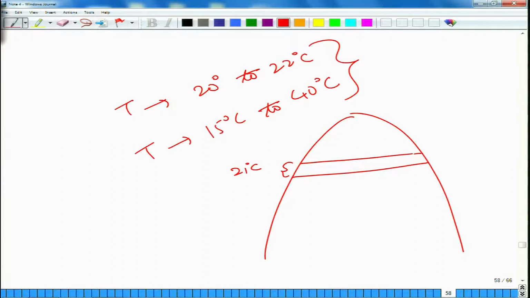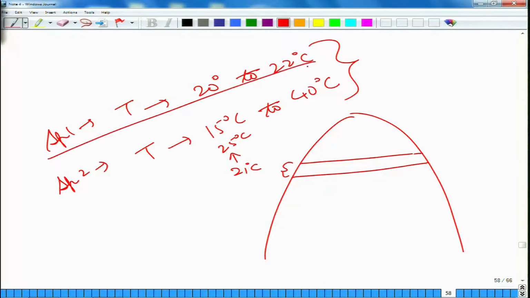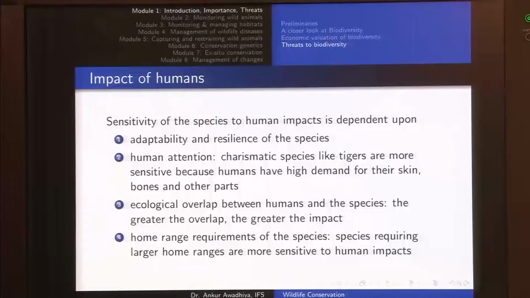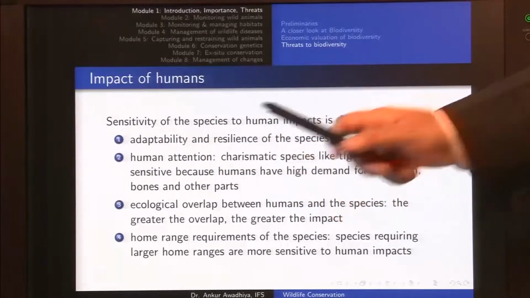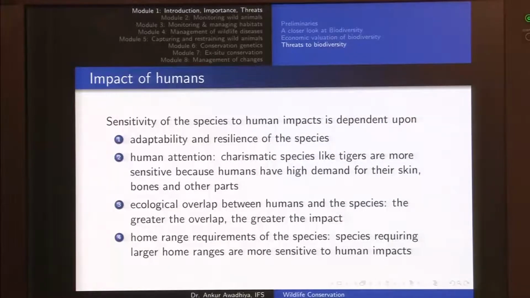Now, because of human impacts, because of global warming, the temperature rises from 21 degrees to say 25 degrees. So, this is species 1 and this is species 2. In this case, species 1, which has a very narrow range of tolerance to temperature, would die off as soon as the temperature has increased to 25 degrees Celsius because of the human impacts, whereas our second species will be more adaptable and will be able to resist these changes.